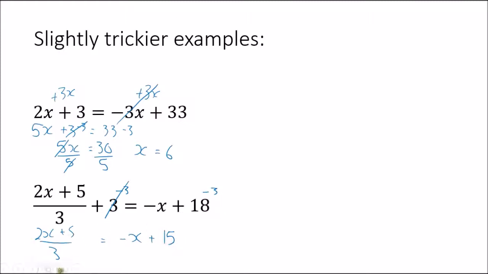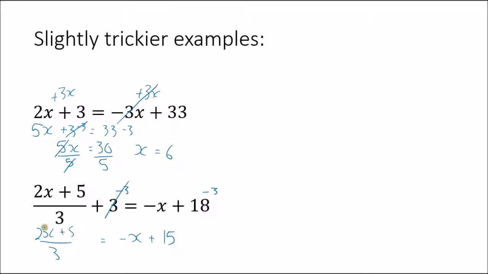They cancel, and then what I'm left with is 2x plus 5 over 3 equals minus x plus 15. Now, this is a lot like some of the examples we talked about in the previous video, where although you can think of this as being 2x over 3 plus 5 over 3, if we're going to work on it like that, then we do a lot of calculations with fractions, which are generally more confusing, and let's be honest, everyone hates fractions.